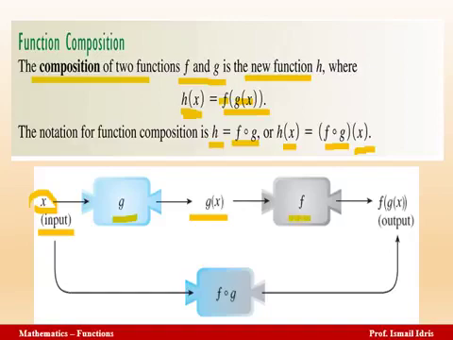Next, you apply f on g of x, so you get f of g of x, and that is the output. This is actually the composition of two functions, which is written f circle g. Again, note that when we write f circle g, we apply the function g first.